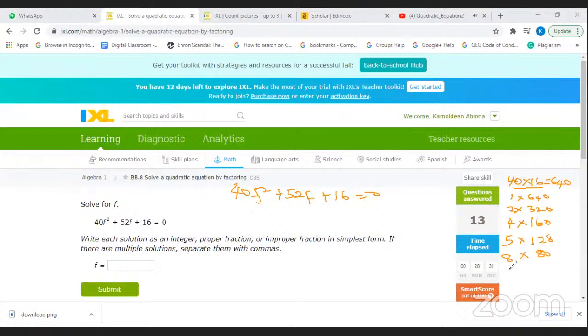After 8, 16 and 40. 12 cannot go. 15 cannot go. But 10 can also go. So that would be 10 by 64.